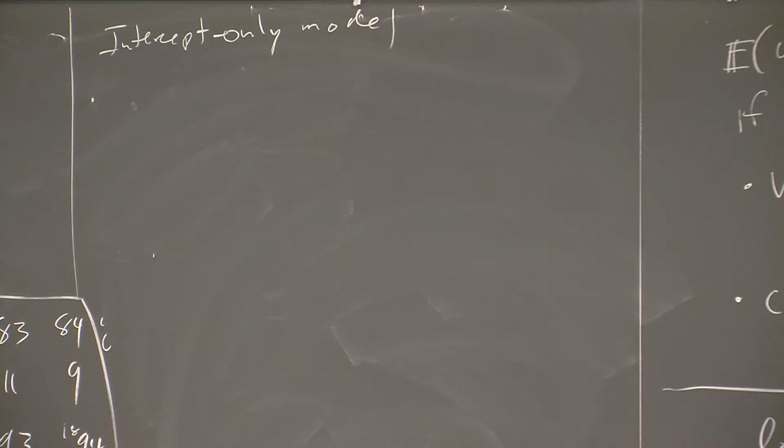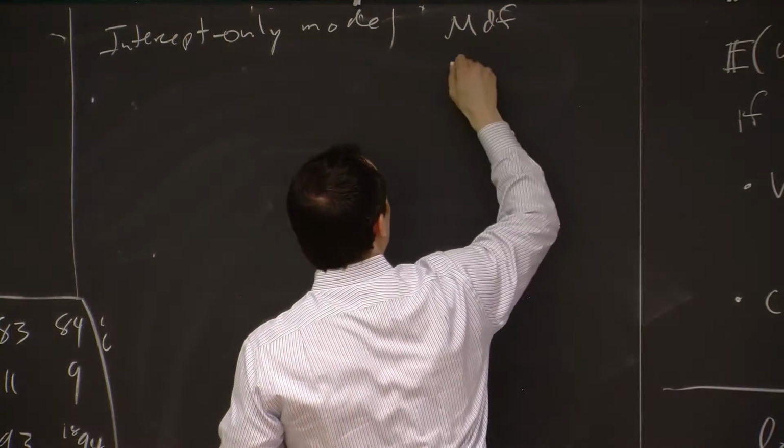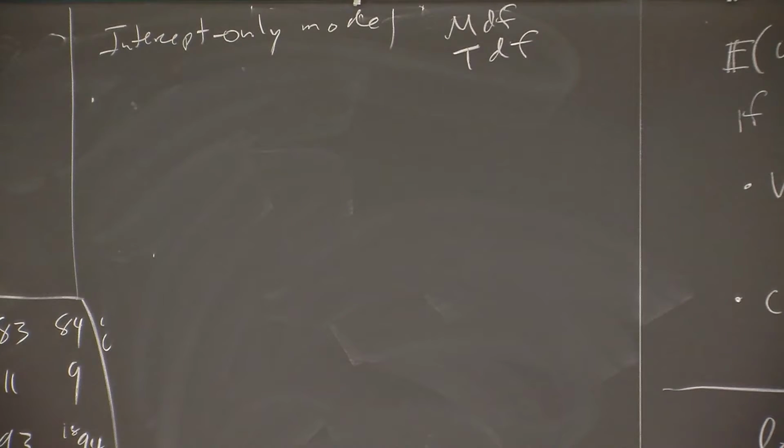So there are 1, 2, 3, 4, 5, 6, 7, 8, 9, 10, 20 years in the data set. So what's the model degrees of freedom and the test degrees of freedom? I'm going to test for goodness of fit of that model.